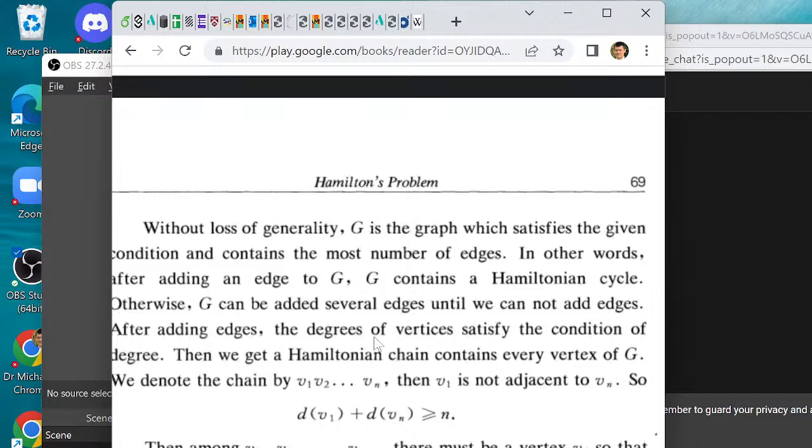After adding edges, the degrees of the vertices satisfy the condition of degree. Then we get a Hamiltonian chain, contains every vertex of G. We denote the chain V1 to Vn.